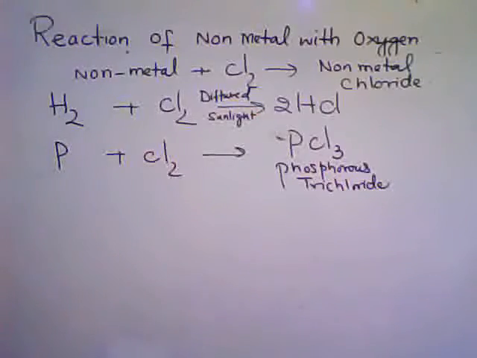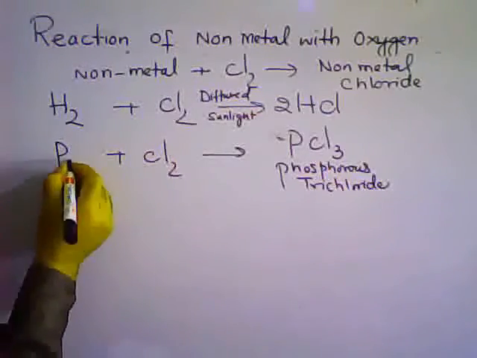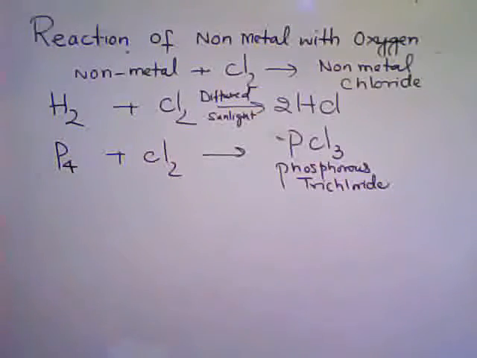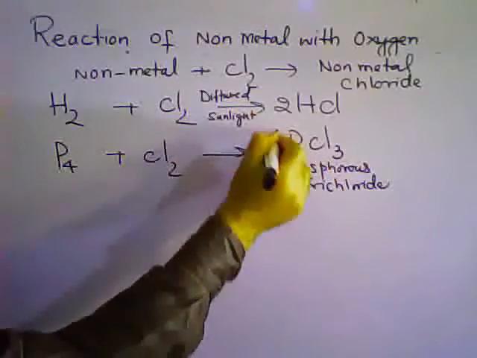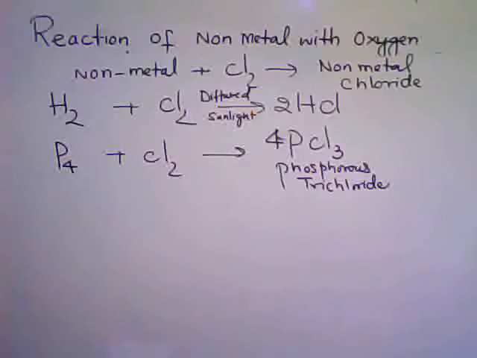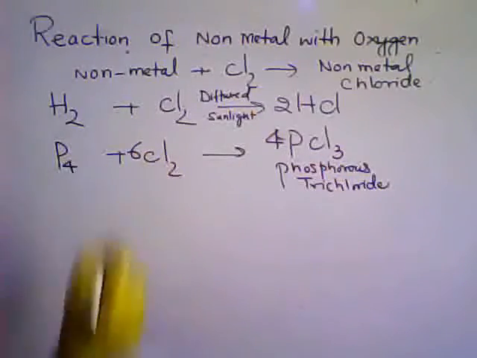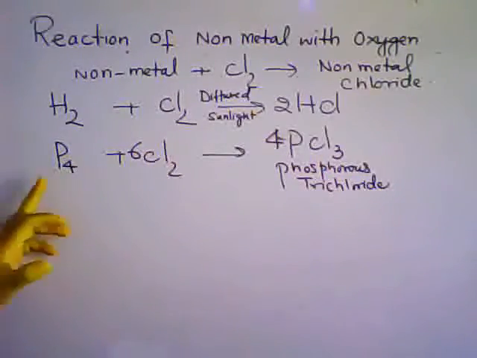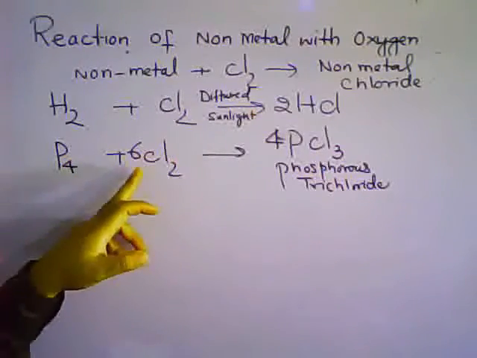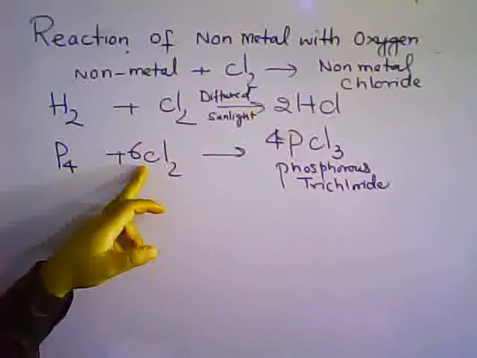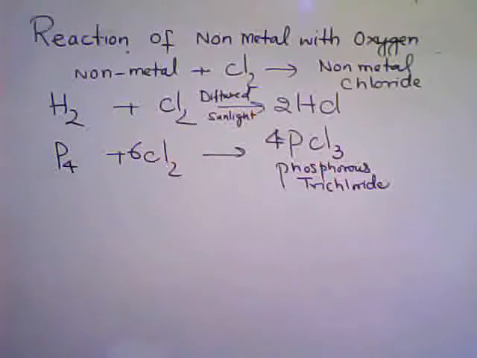We have to balance it. It's necessary. The atom will be P4 here. So we'll write here 4. Okay dear, 4 3s are 12, and 6 2s are 12. So it is balanced. The atoms of phosphorus will react with 6 molecules of chlorine to form 4 molecules of phosphorus trichloride. Okay dear, this will be the reaction.